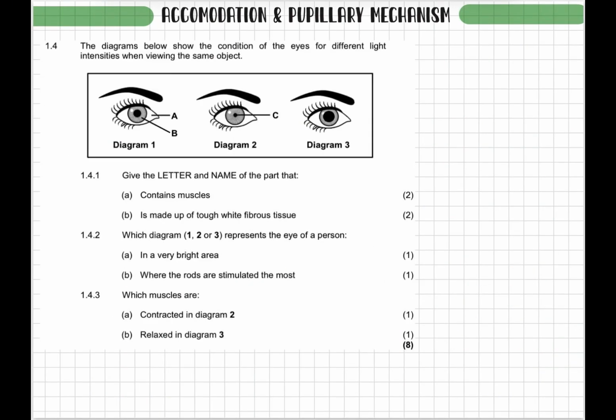Now we look at the last question. It says the diagrams below show the conditions of the eye for different light intensities when viewing the same object. Here we're looking at light and we're given the front view of the eye, meaning that's pupillary mechanism. And they have labeled A, B, and C. We're looking at diagram 1, 2, and diagram 3.